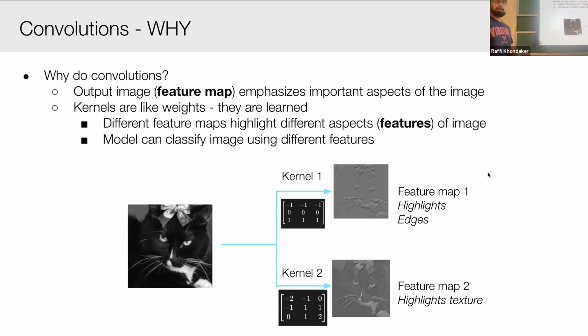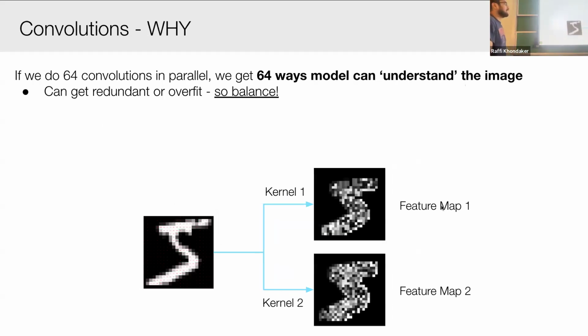Okay, so just to reiterate, the convolutions output a feature map, and a feature map is just that 2D output that emphasizes aspects of the image that the model thinks might be important later down the line. For example, let's say we do 64 convolutions in the same layer, or 64 different convolutions at once.